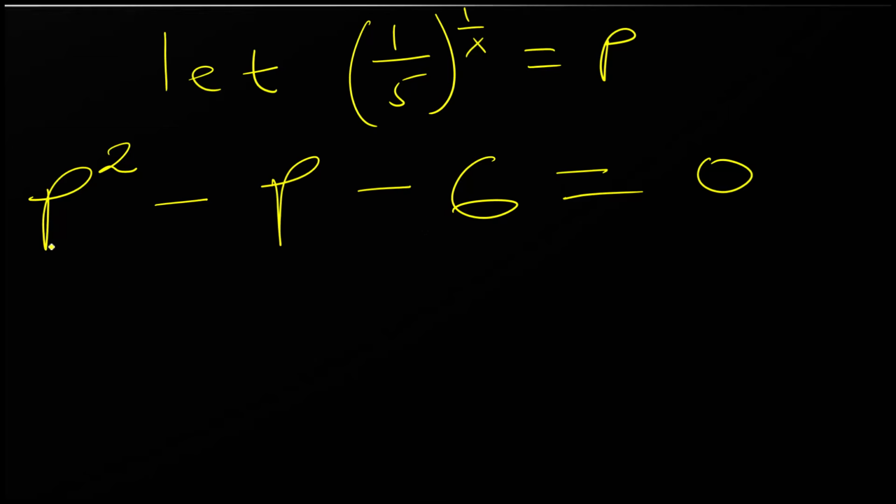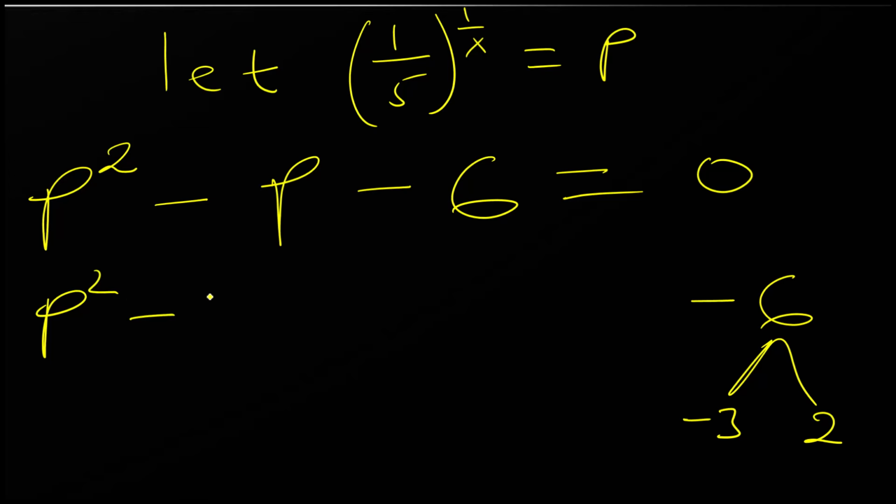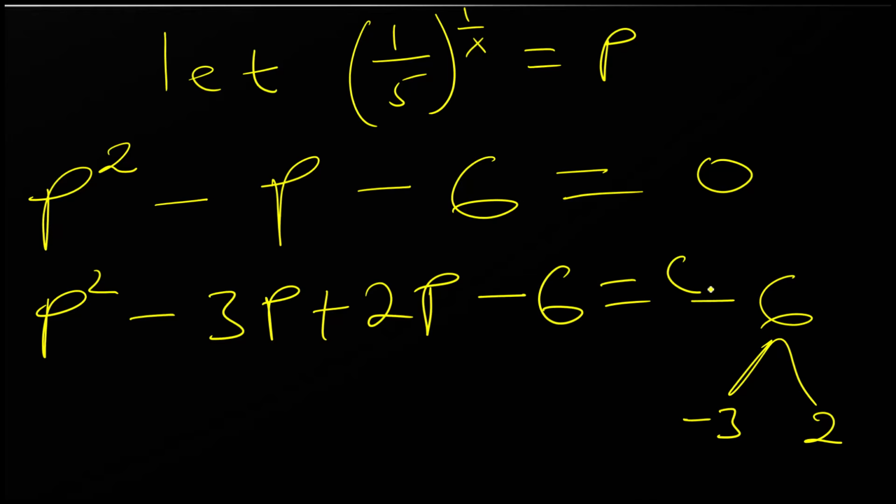So from here, 1 times minus 6 is minus 6. This side is negative 1. Let's find the factors: minus 3 and 2. So we have p squared minus 3p plus 2p minus 6 equal to 0.